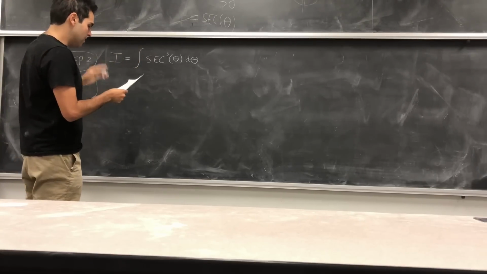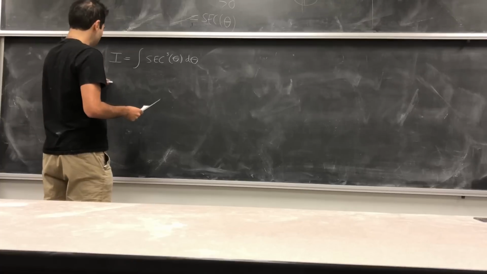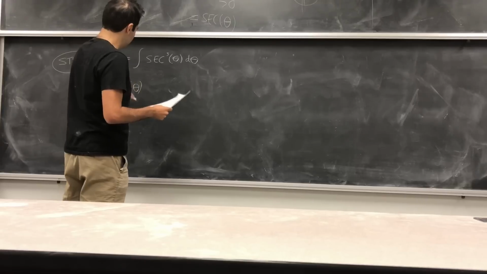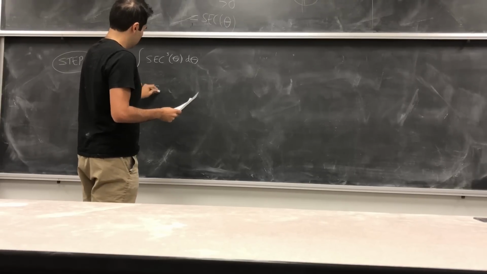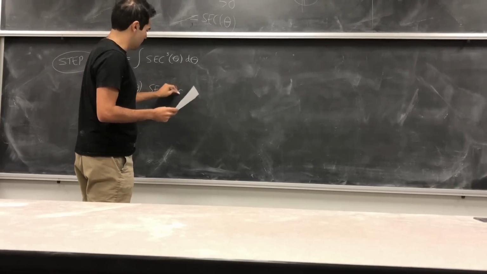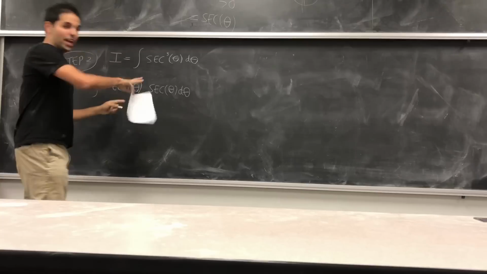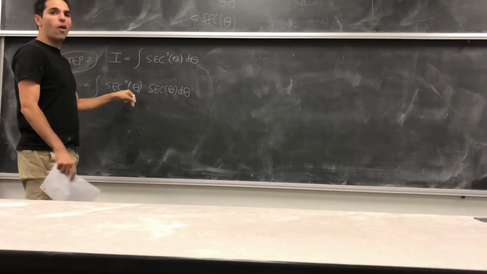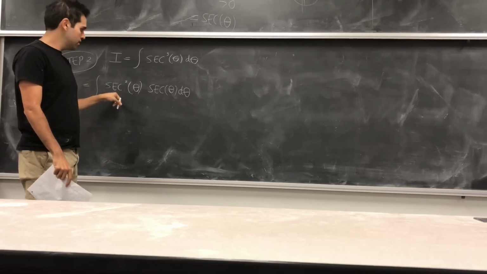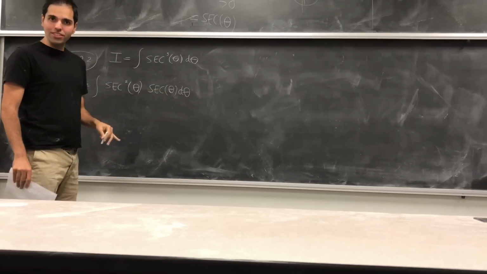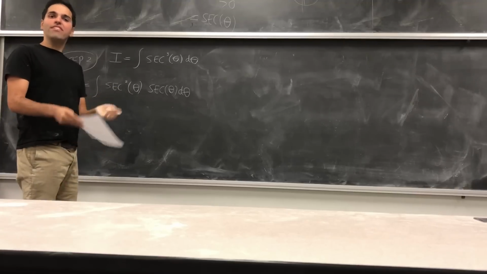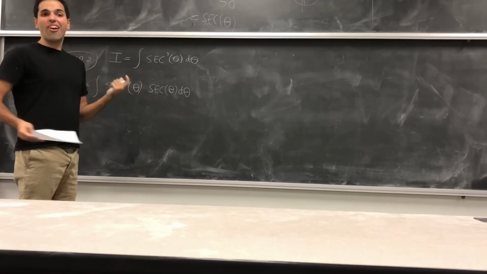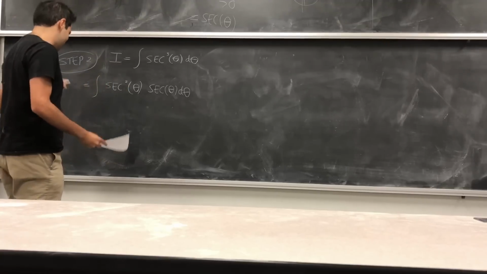Let's simplify this a little bit. So if you like, this becomes secant squared theta times secant of theta d theta. Why did I do this? Because notice, this part is easy to integrate. This part is easy to differentiate. So when you have this balance between integration and differentiation, this really calls for integration by parts.